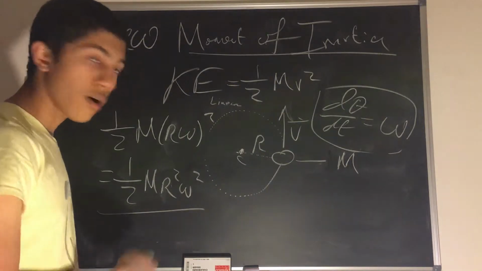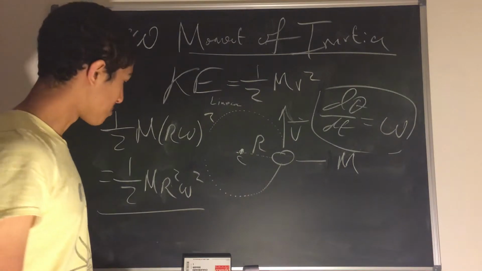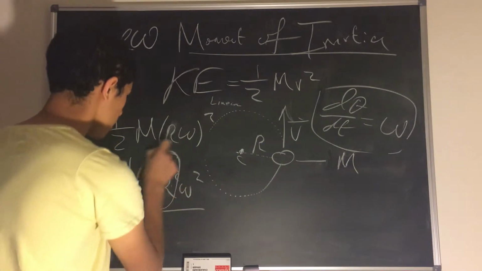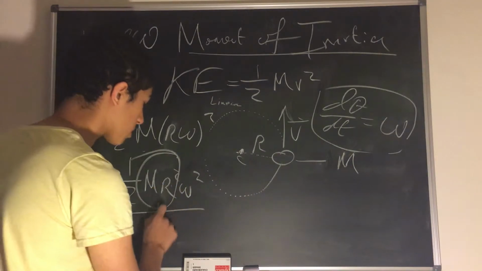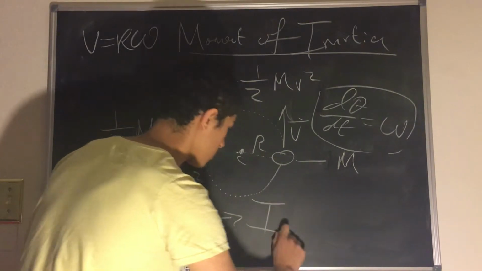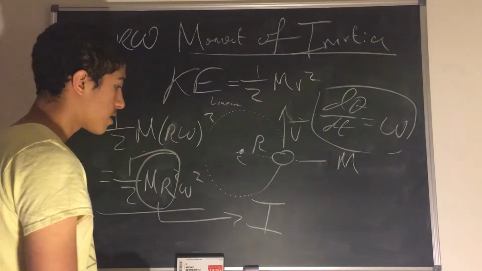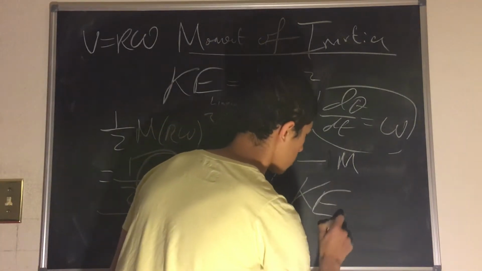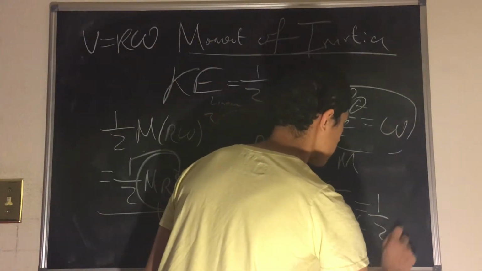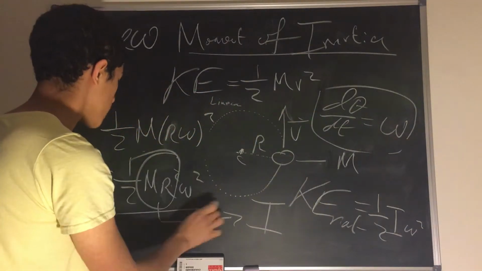Since physicists like using simpler symbols to denote complex expressions, we're going to call the term mr squared I. We're just calling this term I. Then the rotational kinetic energy, KE rot, is equal to half I omega squared, because you have I times omega squared times half.